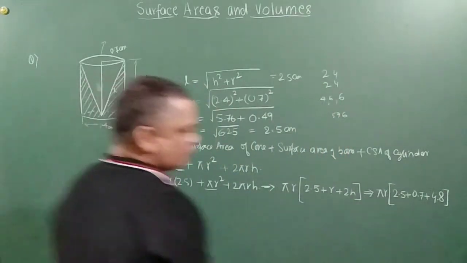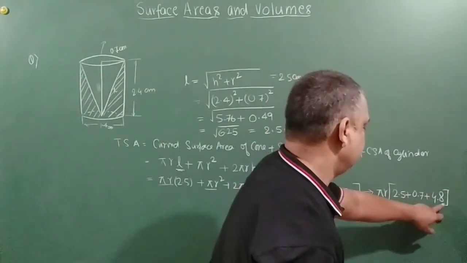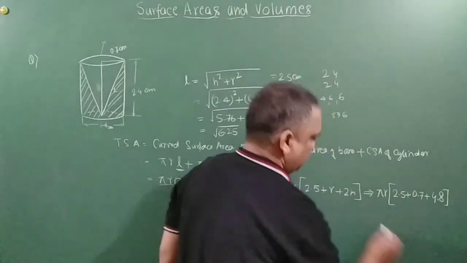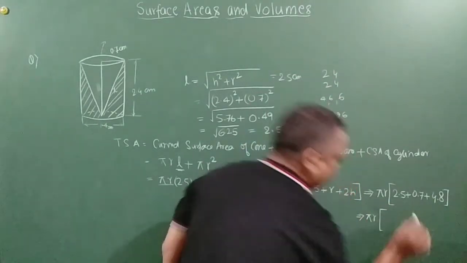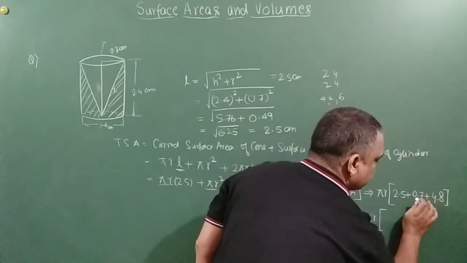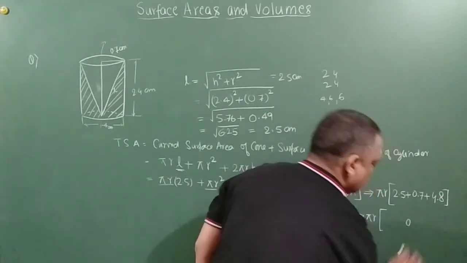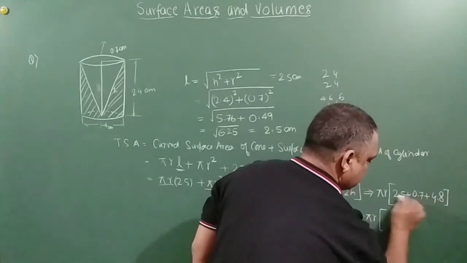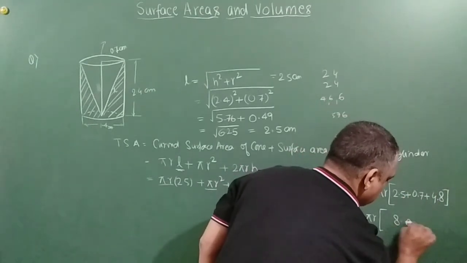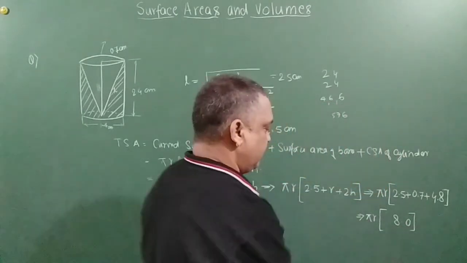Right, friends? Let's add it here. Which is equal to pi into r into 8, right, it is 8.